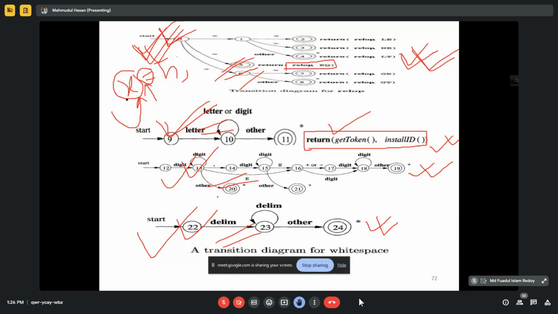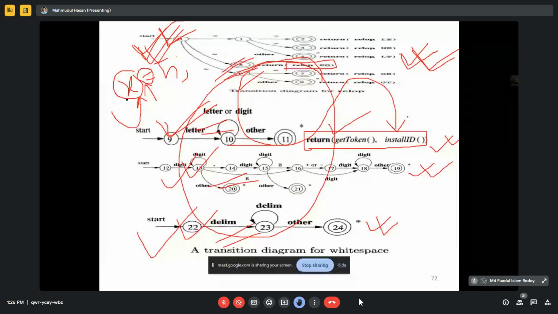That means all the transition diagrams are combined into only one transition diagram, and that one diagram is used to check which lexeme it is and which token will be returned. If every transition diagram fails to accept that lexeme, that means there is some error.